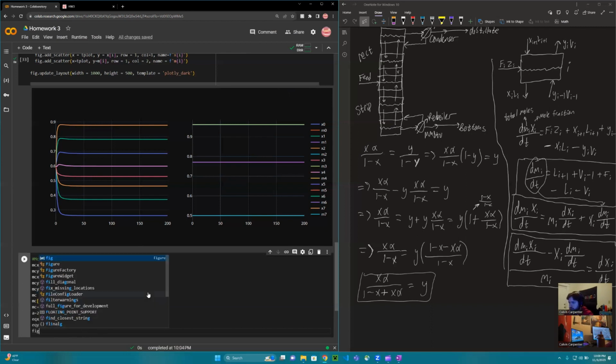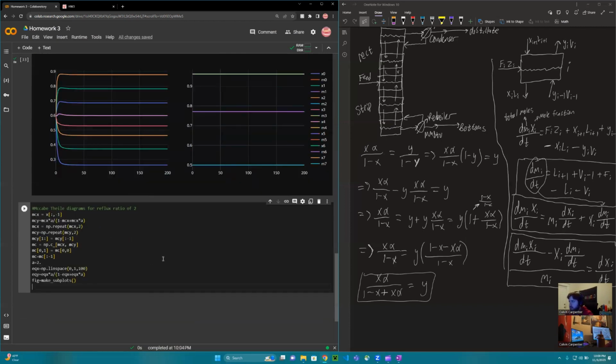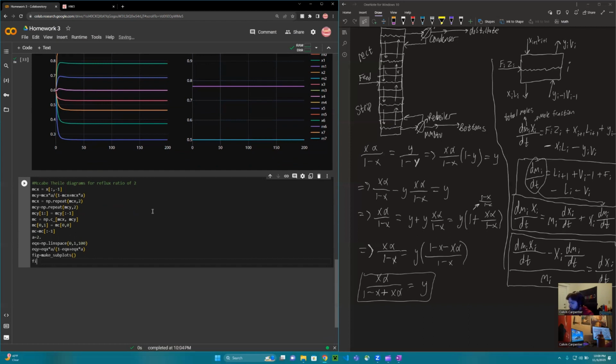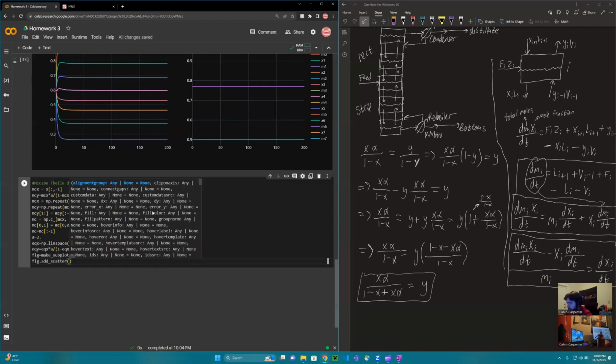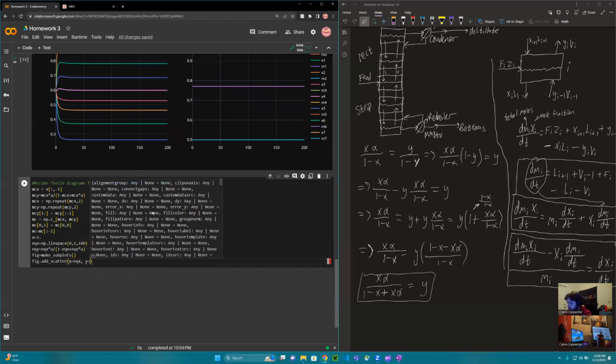fig equals make_subplots. fig dot add_scatter, x equal to EQX, y is equal to EQY.